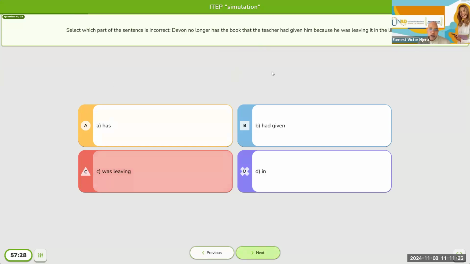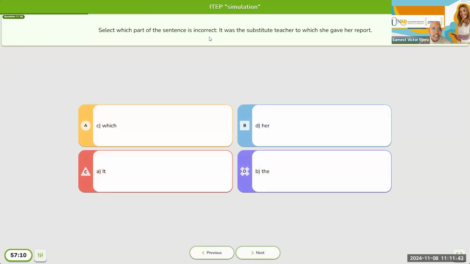The correct answer should be he left it in the library, but they say he was leaving. So it's C. Okay. Very good.